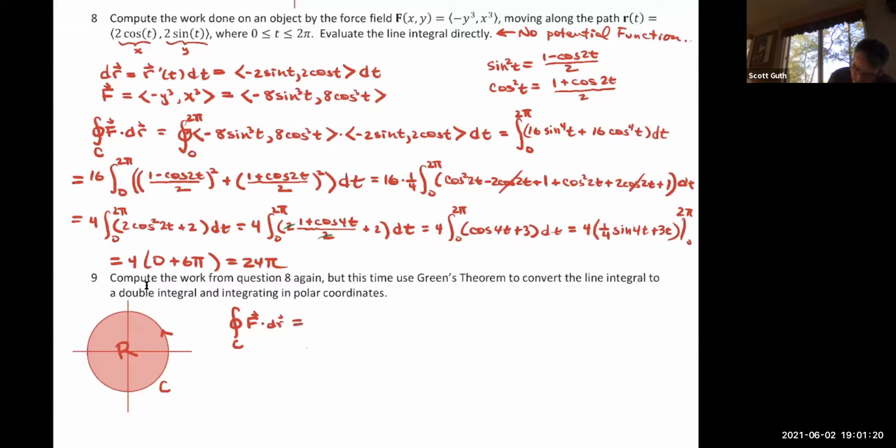F dot dr, the field, the vector F has the components P comma Q, like that. Dr can be thought of as a dx differential comma dy differential. That's another way of doing it.